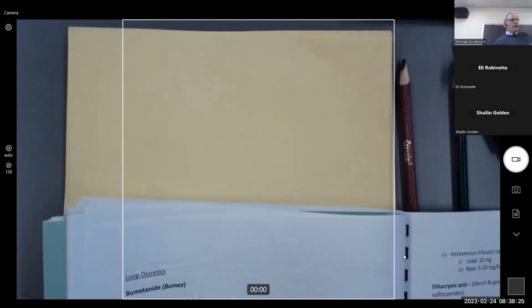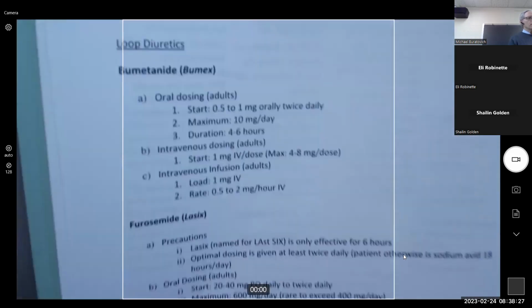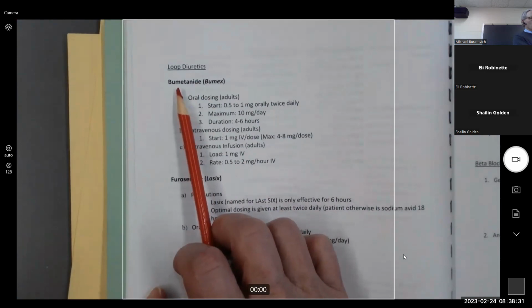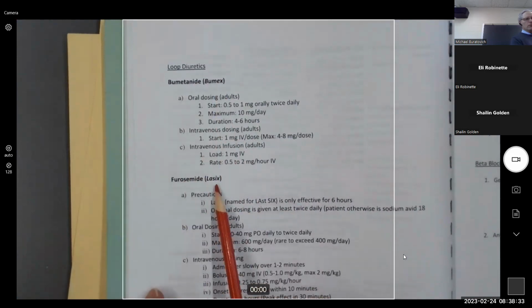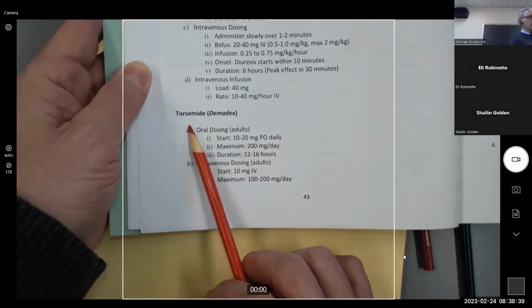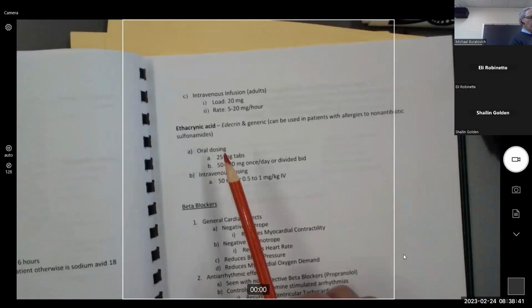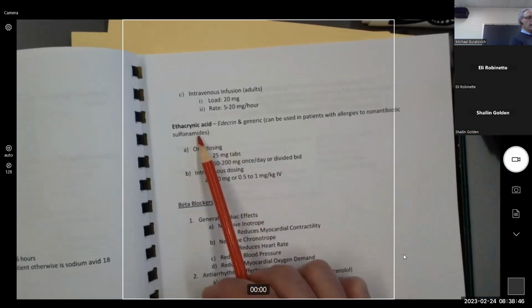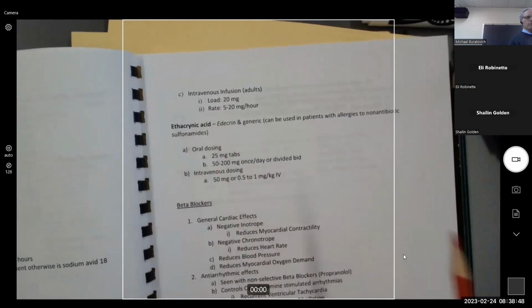Oh, good gravy. There we are. I skipped right over that. Those pages look like they stuck together. So bumetanide, Bumex. There's furosemide, Lasix. That's the one that's used the most, probably. Demadex, there's torsemide. And then ethacrynic acid, Edecrin in generics, and there's your loop diuretics.